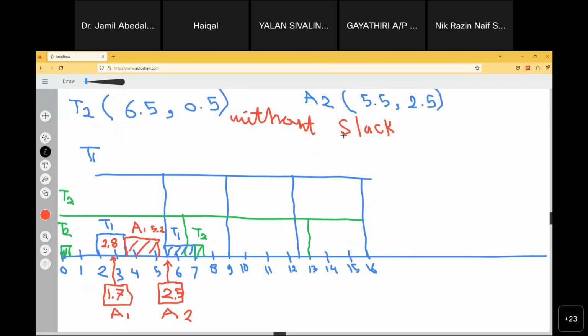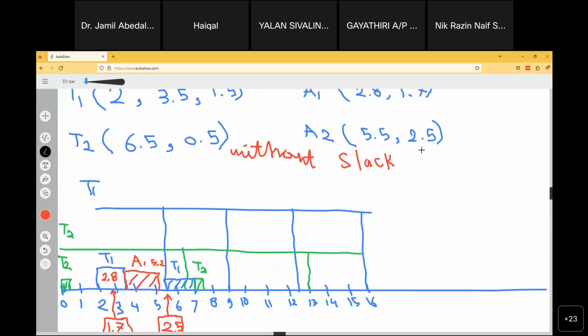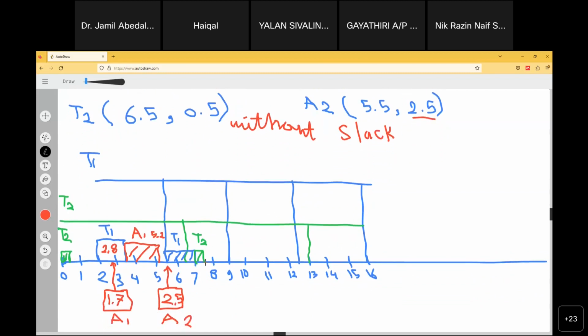How many units do we need to execute of aperiodic 2? 2.5. So can we execute all the 2.5 or half or some of them? Who can tell me? Cannot all, sir, because it will exceed the deadline.